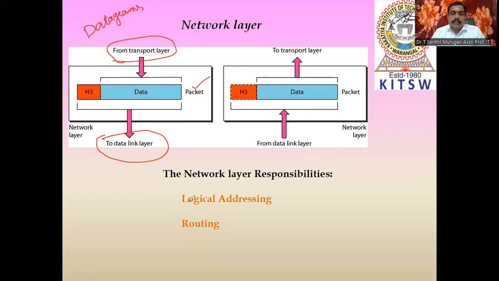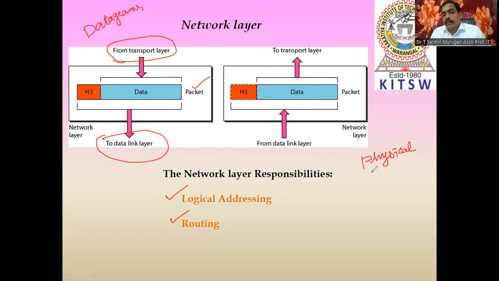The responsibilities of the network layer are logical addressing and routing. What are logical addressing and routing? In the data link layer, we use the physical address. What is a physical address? Whenever our device wants to connect to the internet, we need a network interface card.